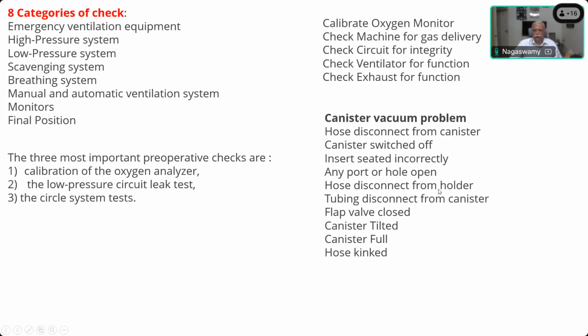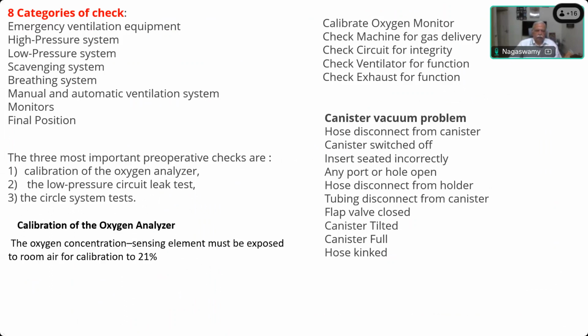And hose disconnection from the holder, tubing disconnection, flap valve closed, canister filtered or canister too full. Sometimes the new OT technician may fill up the soda lime beyond the line which is given as a safe level. If they put too much soda lime into the canister, that also will cause a leak. It will not get seated properly, and there may be a hose leak.